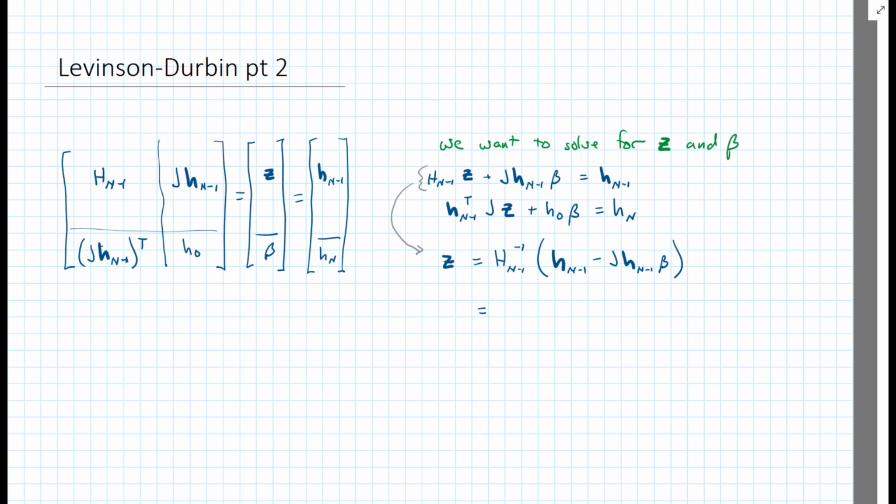And expanding that out gives us H_{n-1} inverse h_{n-1}, and we can multiply all this through.